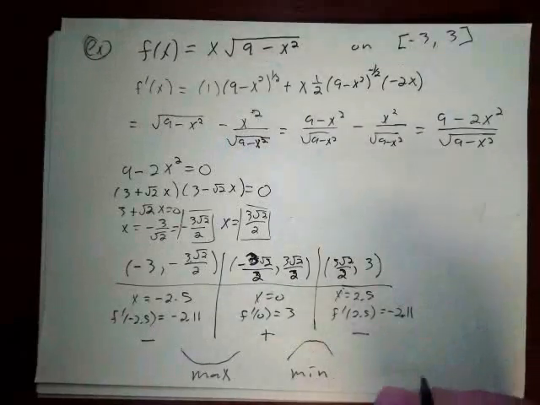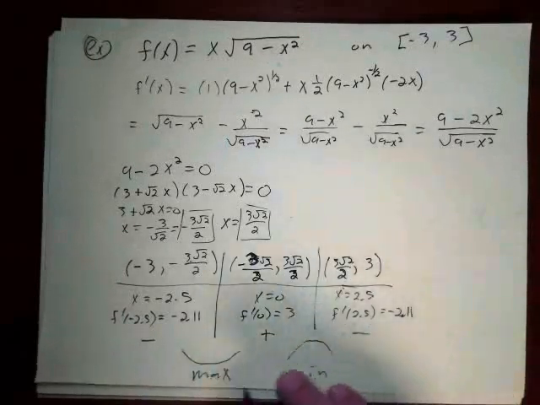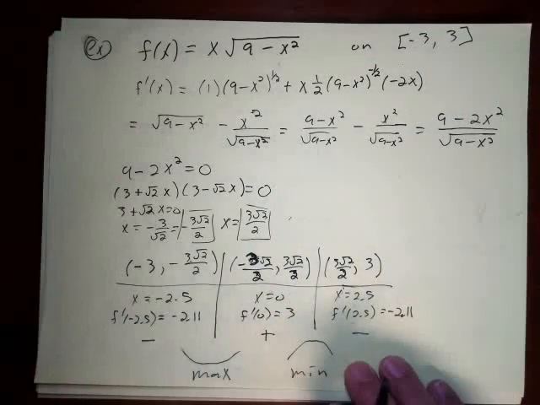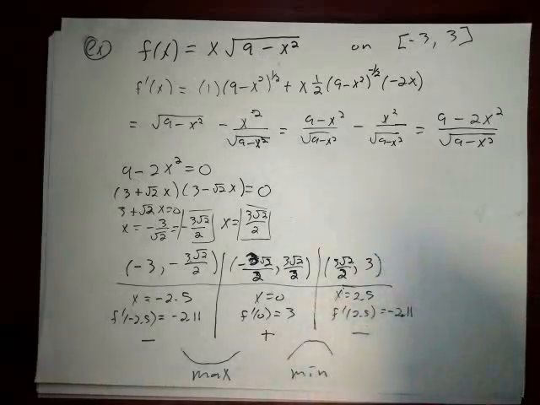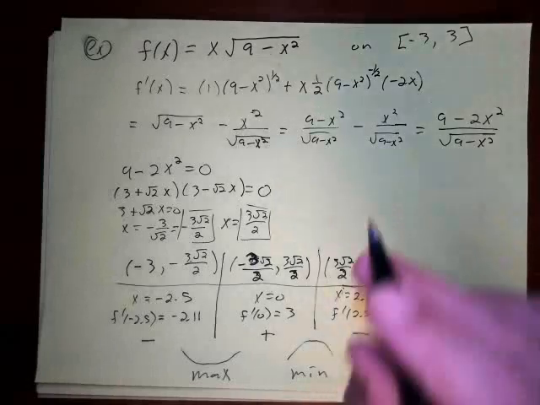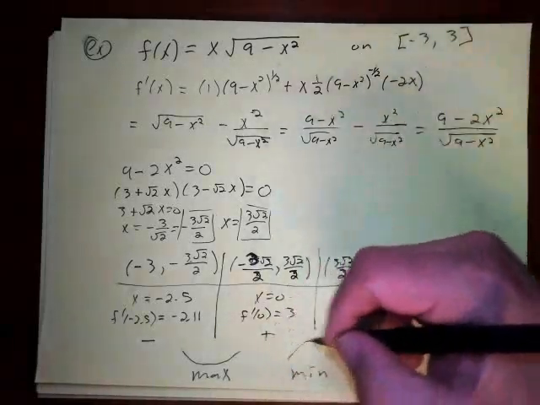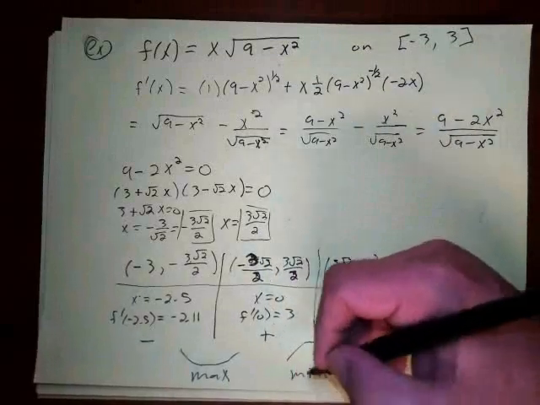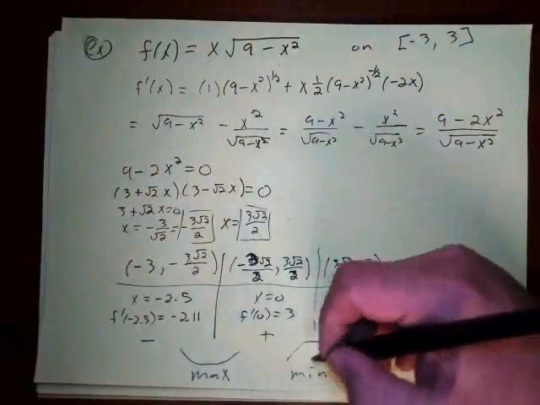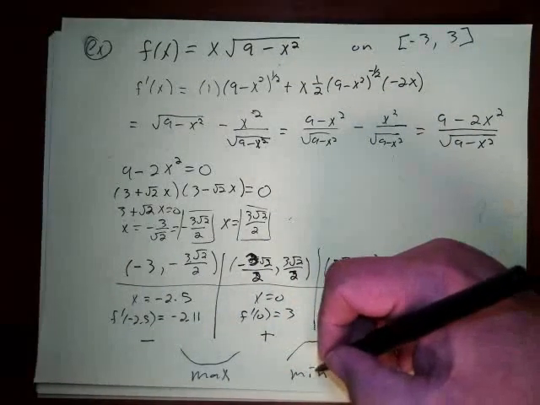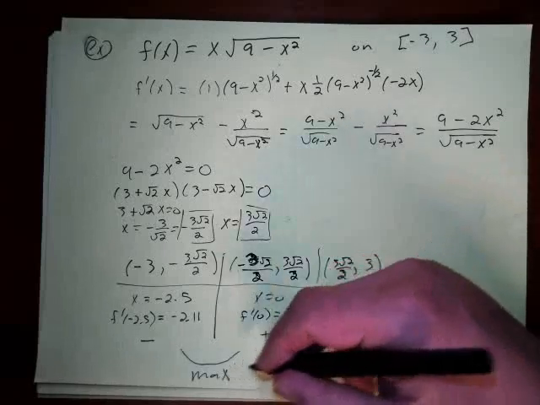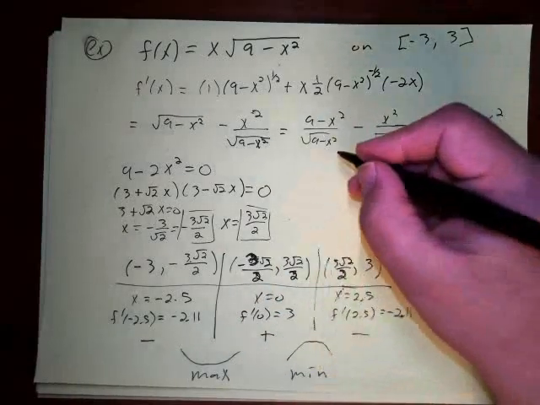Okay. So these are the relative mins and maxes. Now, to find the absolute mins and maxes, all I need to do is check the function at the endpoints and at these points here.